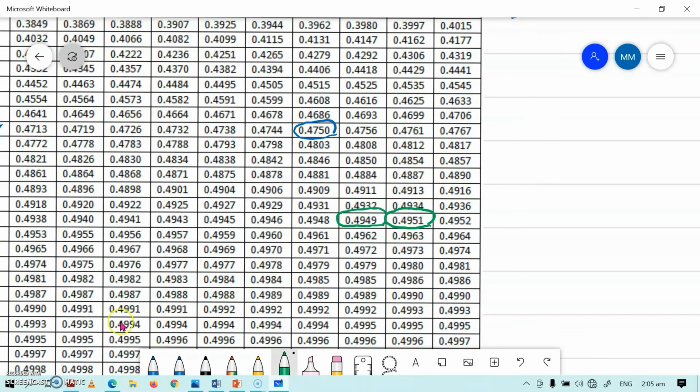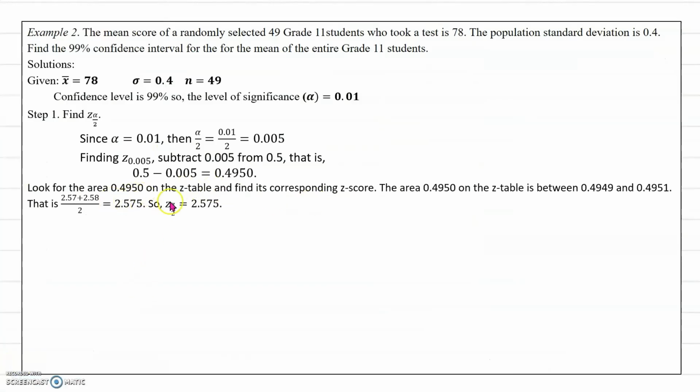Going back, since the area 0.4950 on the z table is between 0.4949 and 0.4951, we take 2.57 plus 2.58 divided by 2, so we'll have 2.575. So the z-score of alpha over 2 is equal to 2.575.